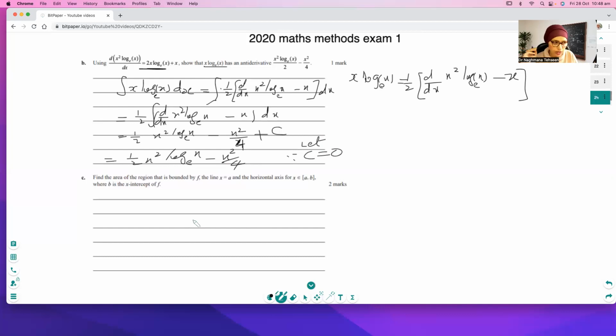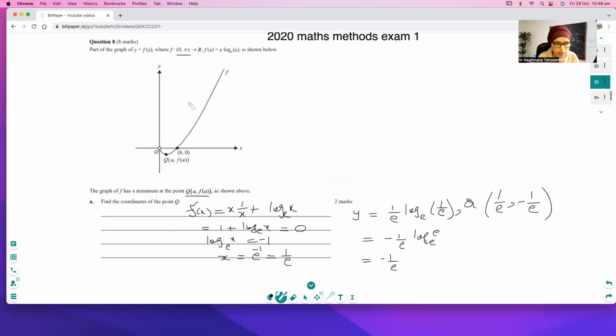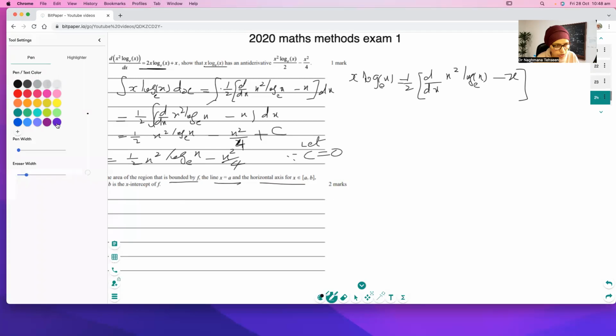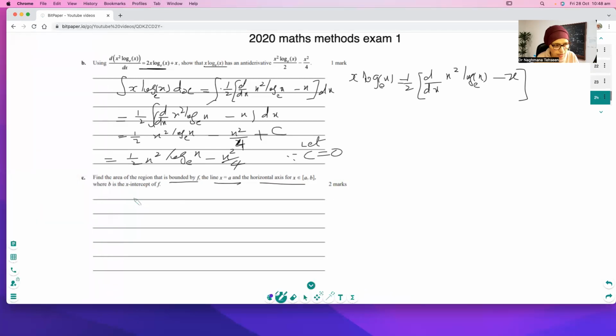Okay, so we need to find out the area bounded by f, the line x is equal to a, and the horizontal axis. If you go back to the graph, so that's the function there. We want to find out the area, which means we need to integrate that function. So integrating from where? The region we are looking for is below the x-axis.